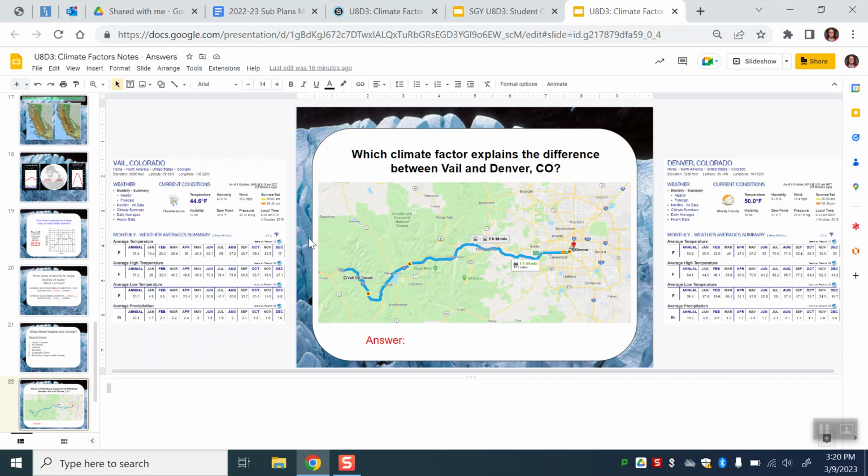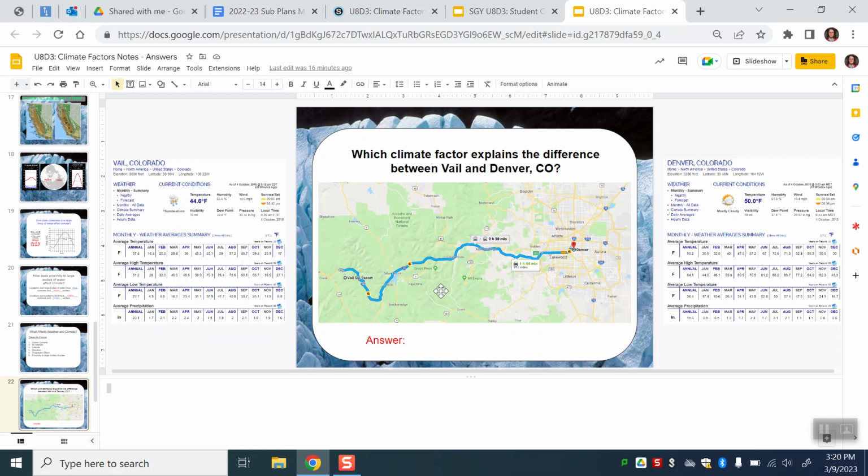And you can notice, I want you to look at various data. You can see there's an elevation, quite a big difference between Vail and Denver. The latitude is about the same. The longitude would be this way. And what's the difference? We notice that Vail, which is a much higher elevation, 8,000 versus 5,000 feet, Vail's a ski resort up in the mountains, and notice the difference in temperature, is cooler.